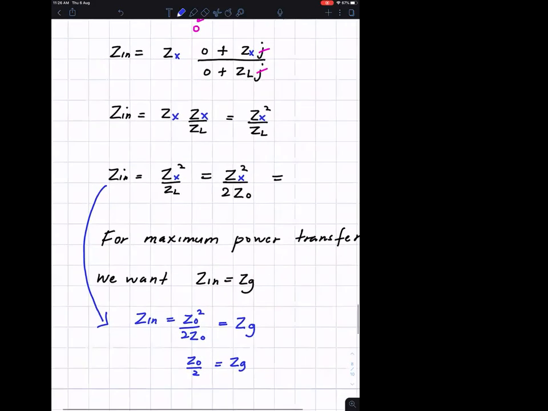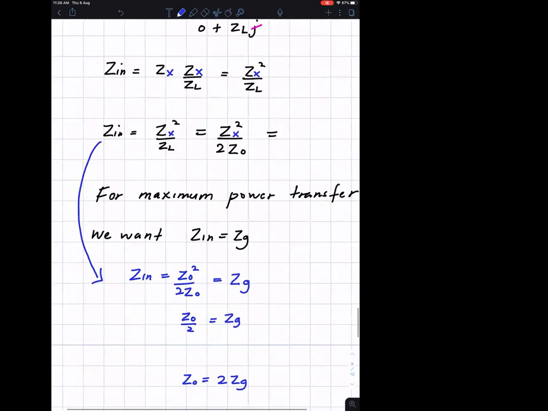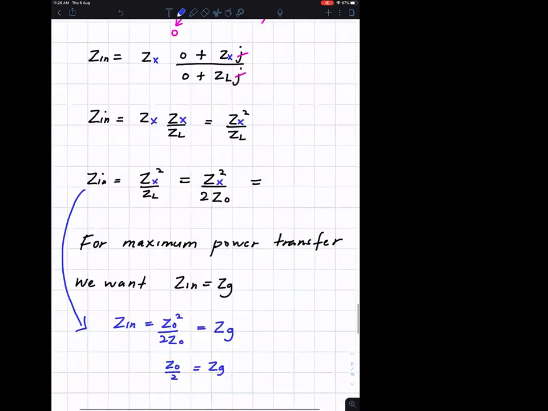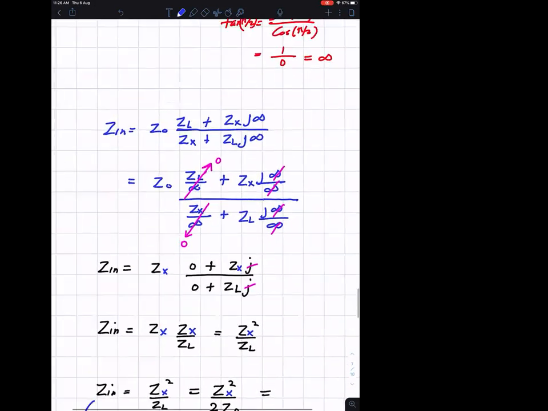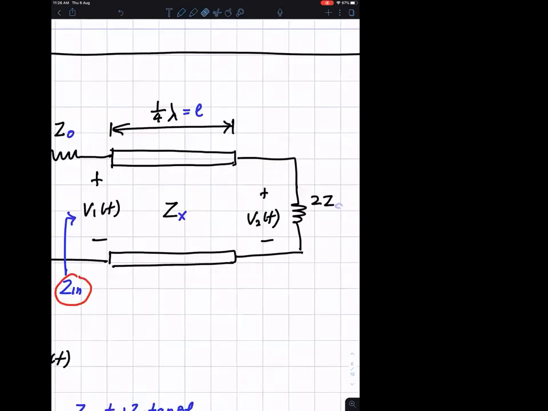Okay guys, the reason I changed this is because we already have Z naught at the output, the load as a function of Z naught, 2Z naught, and we also have the source impedance Z naught. So I cannot call this Z naught also.